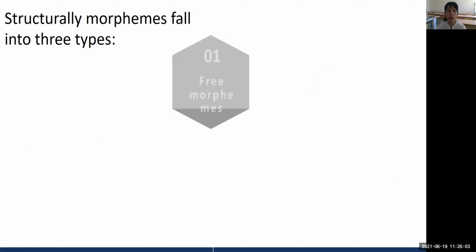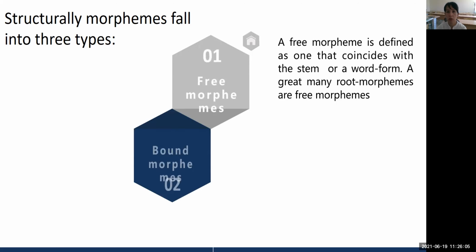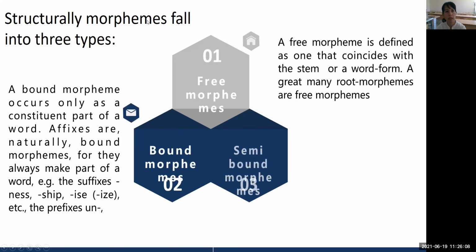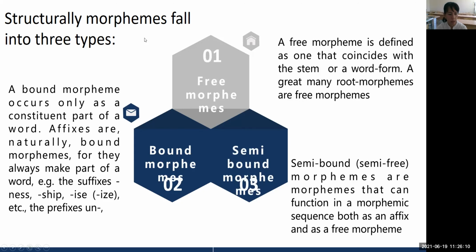The next type is the classification of morphemes according to the structural point of view. According to the structural point of view, students, morphemes can be divided into three groups: free morphemes, bound morphemes, and semi-bound morphemes.